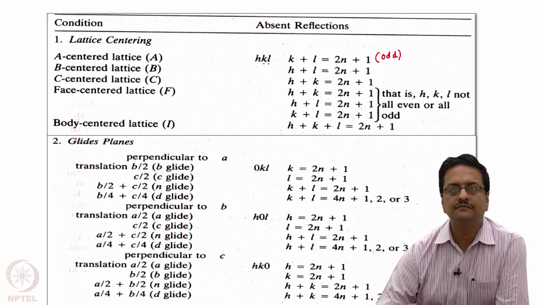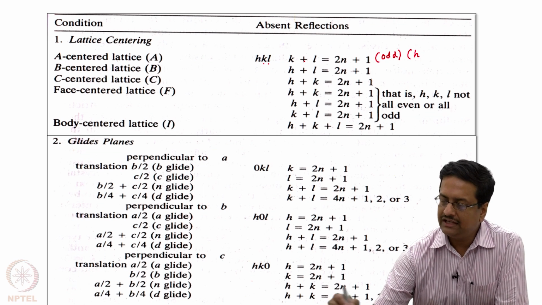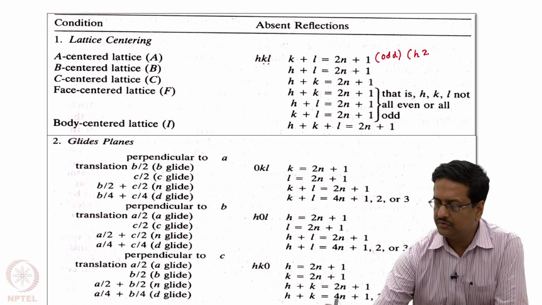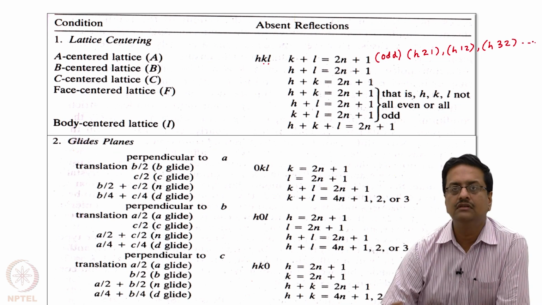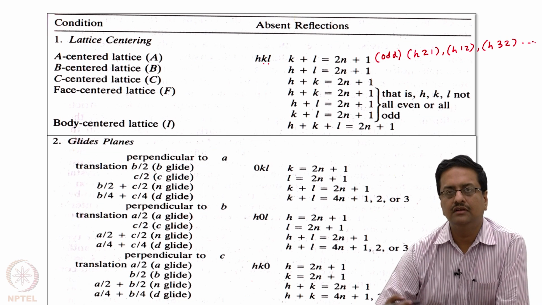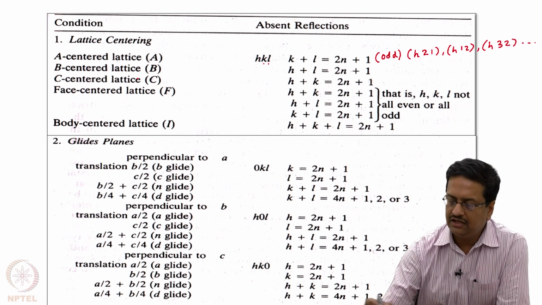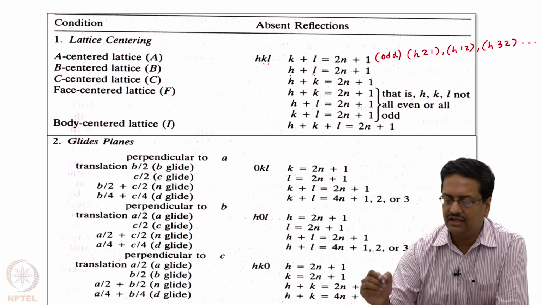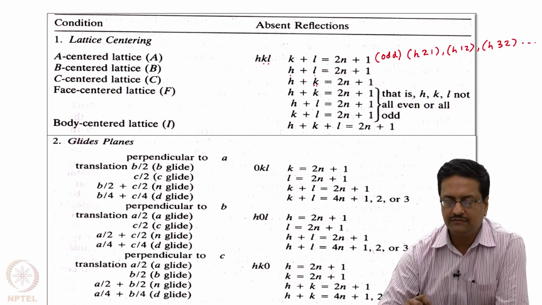That means in case of an A-centered lattice with any value of h, when k plus L is odd, say for example h, 2, 1, h, 1, 2, h, 3, 2 and so on, these reflections will be absent systematically. Similarly, for a B-centered lattice, h plus L will be odd. For a C-centered lattice, h plus k will be odd.